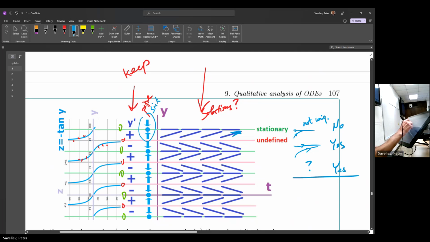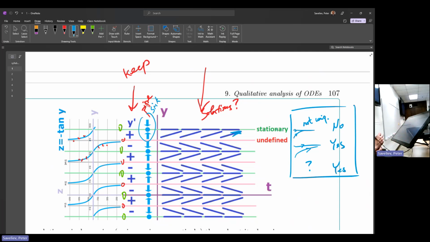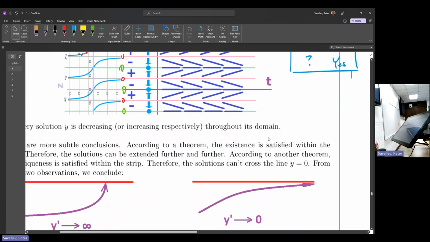So we reject the merging and we accept asymptotic behavior, and then there is a third possibility. But before we do that, what about the other end? Let me look at the picture. Here it is.